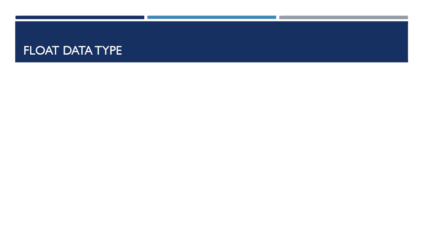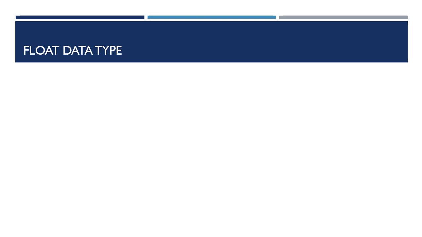Okay, so let's start with the float data type, which is the topic we are going to discuss today. What is the float data type and why do languages need it? The purpose of the float data type is that there are many conditions where we need to deal with decimal point numbers.